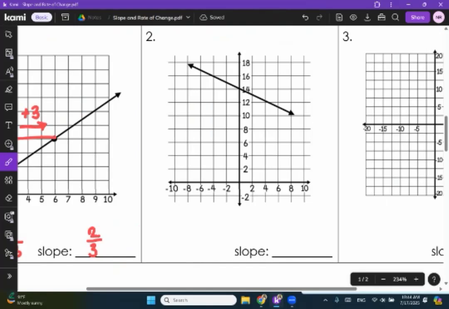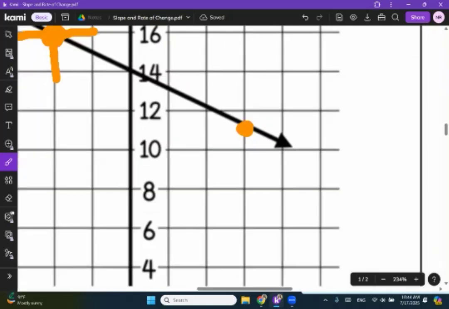Okay, now with this one, notice we don't have any points picked out for us. So you want to pick a good point. A good point is going to be where you'll find it at the perfect intersection of the grid and the line. This one would not be a good point just because it's in the middle of the 2 boxes.